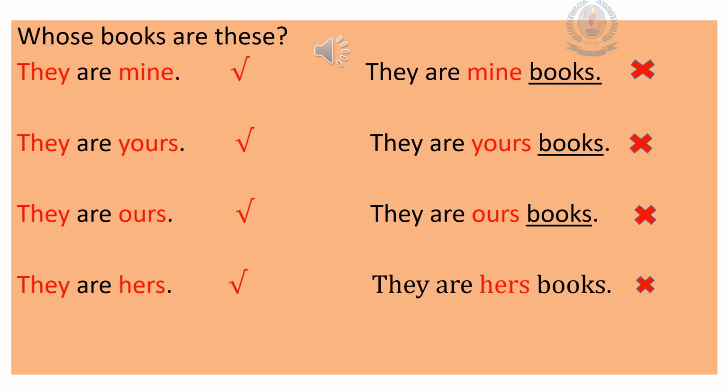You can say they are my books, but you can't say they are mine books. They are my books, your books, our books, but not they are mine books, yours books, or ours books. So be very careful when you use the possessive pronouns.